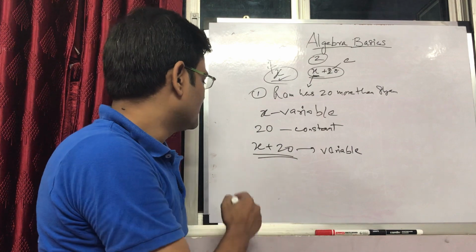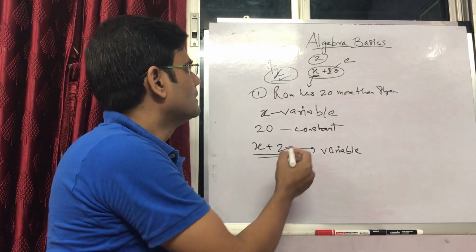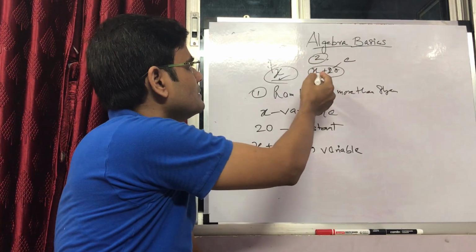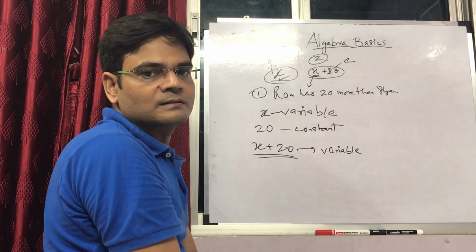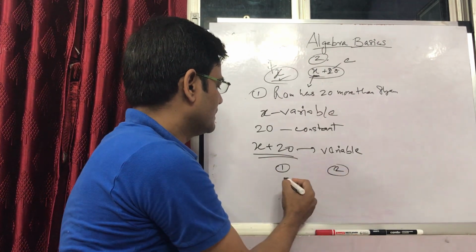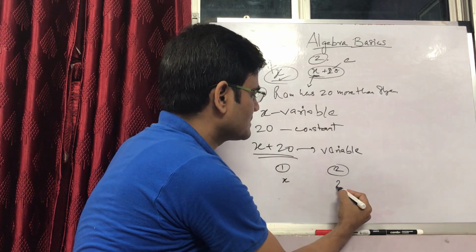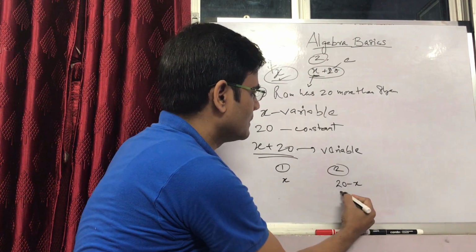Yes. Another terminology which we use is: the second person has 20 less than x. So if the first person has x, the second person has 20 less. Now you can ask me, will it become 20 minus x or x minus 20?